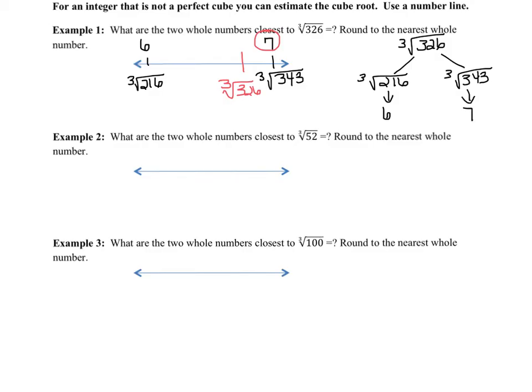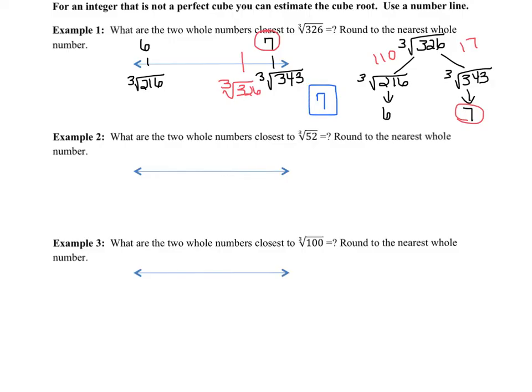Well, 326 minus 216 is going to give us 110. And then we're going to find the difference between 326 and 343, and that's going to give us 17. So what's it closer to? 17. So my answer is 7.